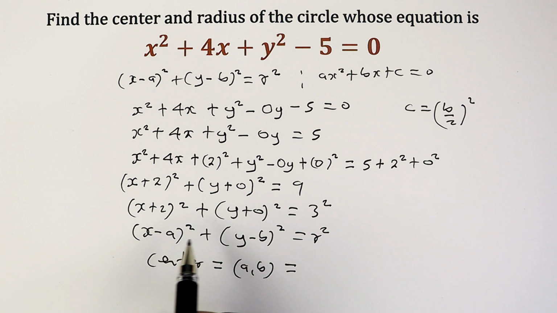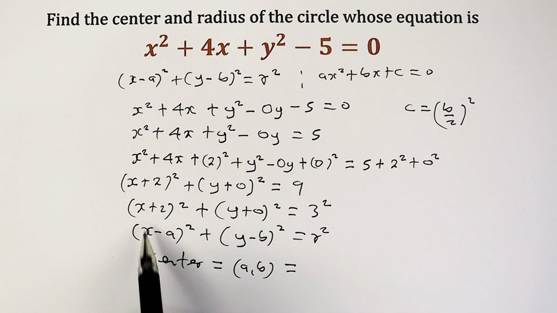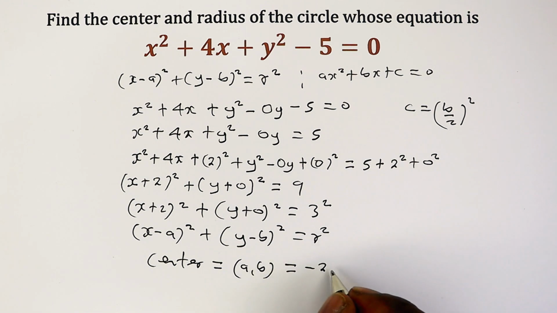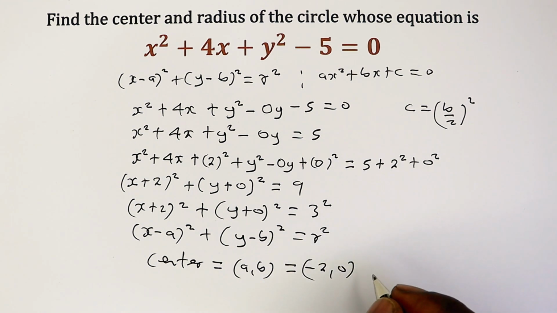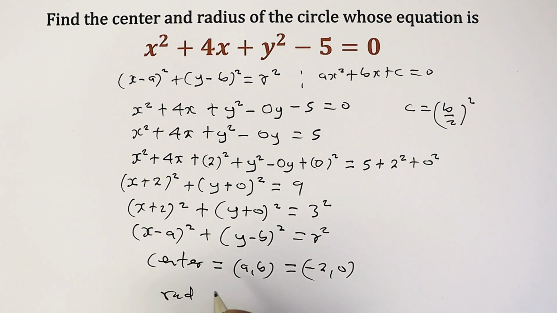So in our case, a is negative 2 and b is negative 0, which is just 0. And then r is 3. That is the radius. So the radius is r, which in our case is just 3.